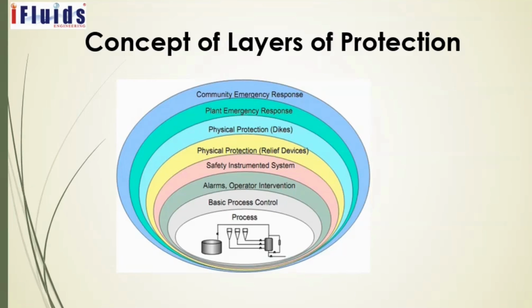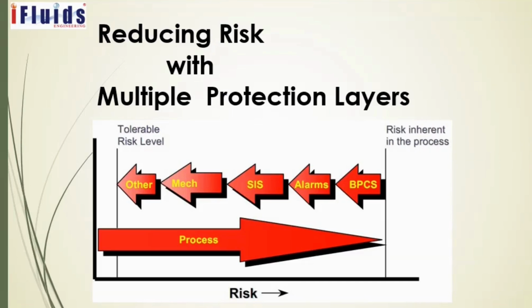And if the harm is going to be in a wider perspective, comes the community emergency response. So reducing risk with multiple protection layers. Risk, you can see, is growing on the x-axis. In a process there is risk.